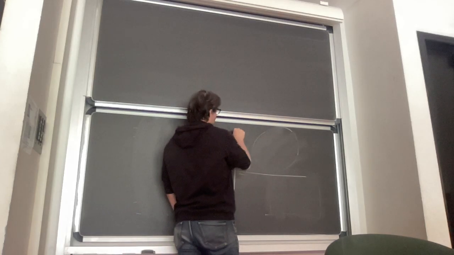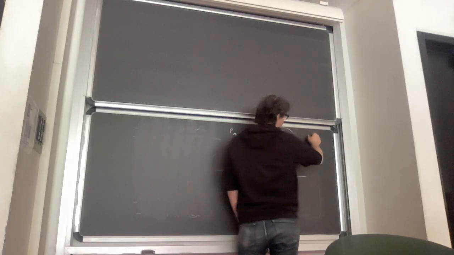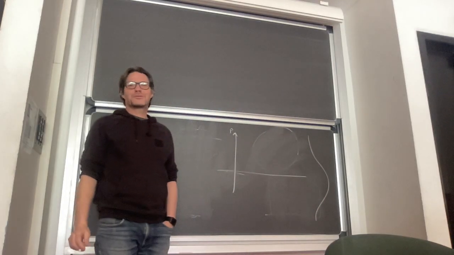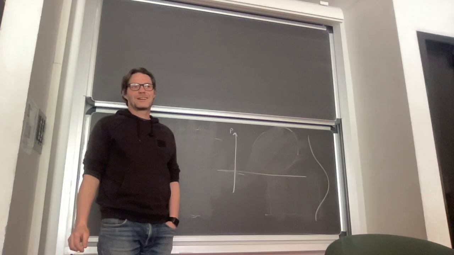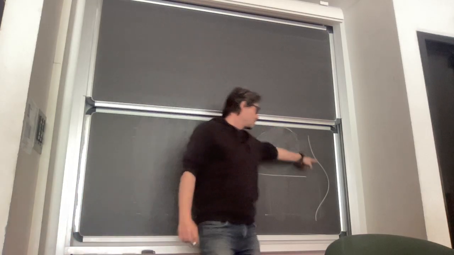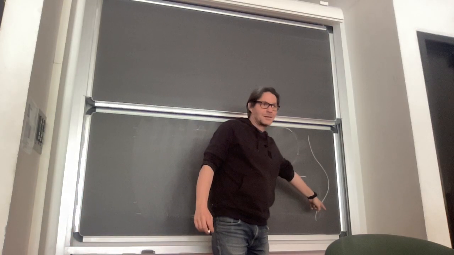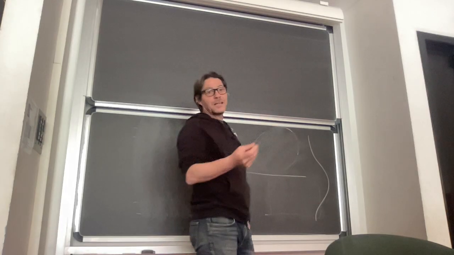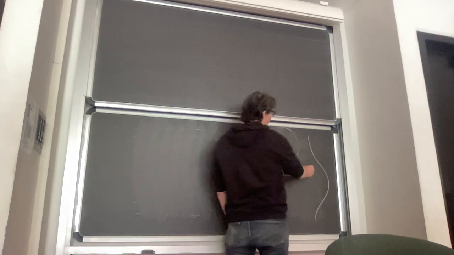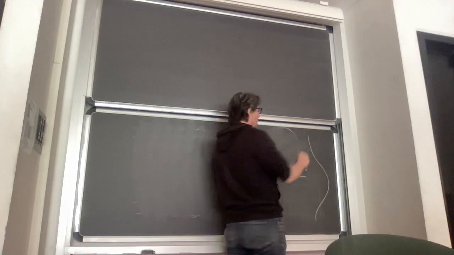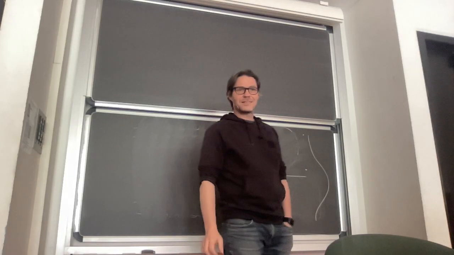For instance, if this is the P, clearly the Maxwell distribution will generate some kind of bell-shaped distribution in P's. So when I initialize my initial condition, I will be more likely to be here than to be here in this particular case.